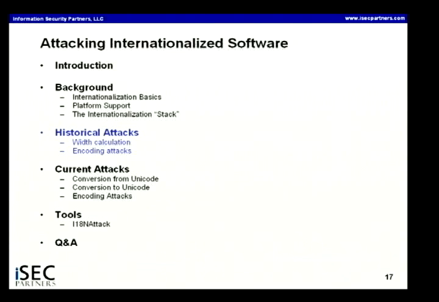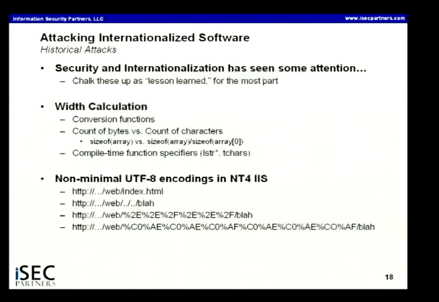Historical attacks. Now, anytime somebody's asked me about my talk in the last few weeks, they've always said, so, like that NT4 IAS thing. Internationalization has received some attention from the security community, and there have been public flaws along these lines. You can pretty much chalk these up as lessons learned. We saw those two APIs before, messing those up, the count of bytes versus count of characters, whether it's 1 byte per character or 2 bytes per character.